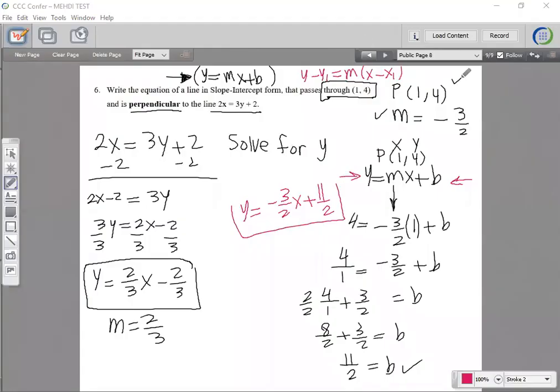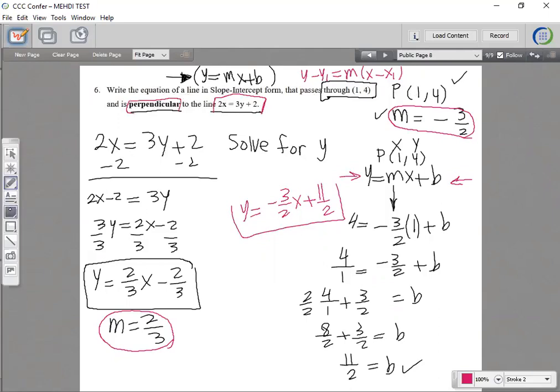Okay, now the question is, why did I change the slope of the reference line to minus 3 over 2, when the slope of the reference line was 2 over 3? Correct. That's what you're asking, right? Yes. Okay, the reason is the reference line, which is this one right here, is perpendicular to the line that I'm looking for.